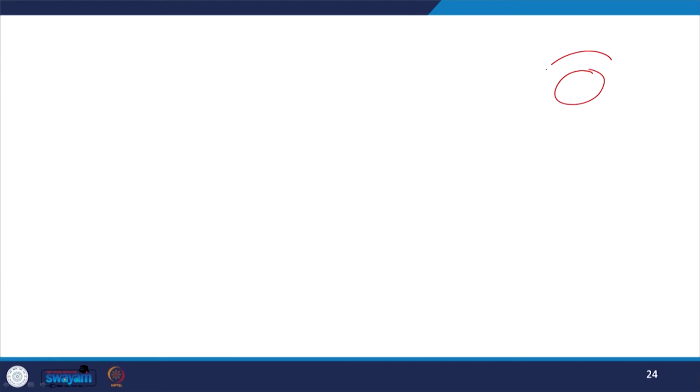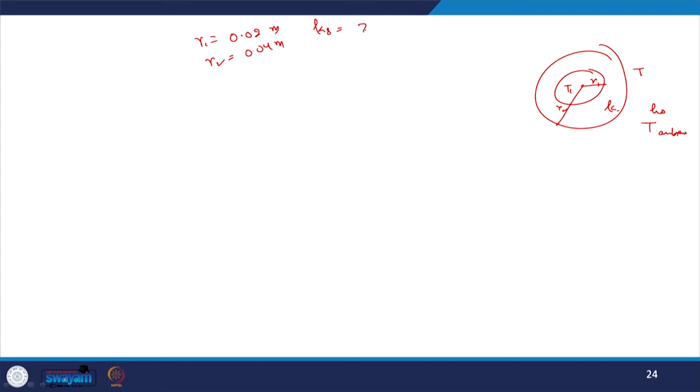So this is your sphere where we are having the R1, R2 and T1, T, and this one is K, and H naught and T ambient. So this is a sphere. Now it is given that R1 is equal to 0.02 meter, R2 is equal to 0.04 meter, K of sphere is equal to 7.68 watt per meter Kelvin, H naught is equal to 0.20 watt per meter square Kelvin, T1 is equal to 275 degrees Celsius.